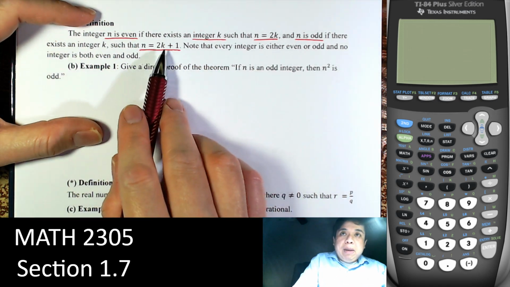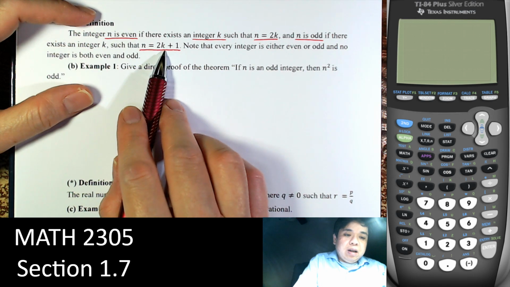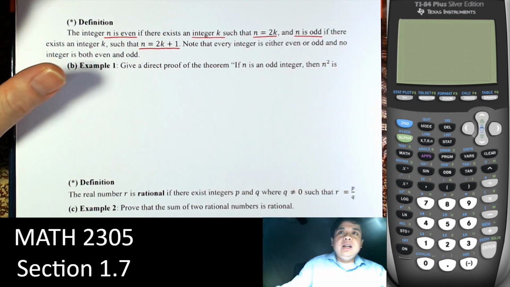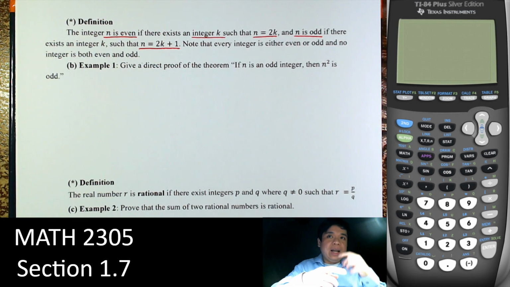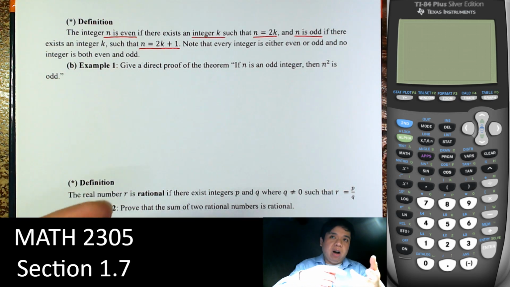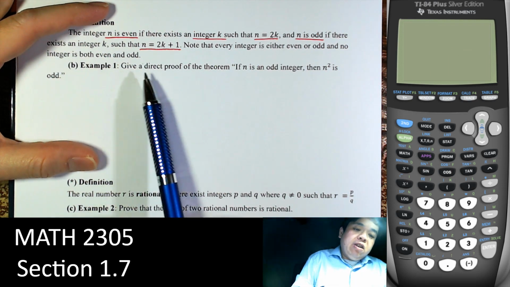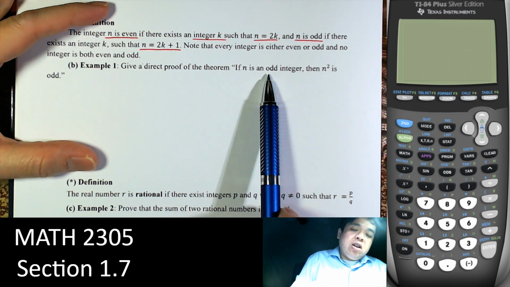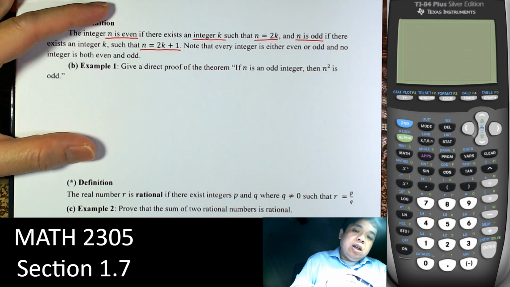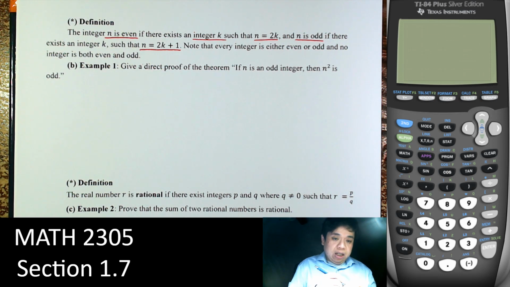The plus 1 here makes it odd. The 2k is even, plus 1 is odd. Of course, if you have an odd number plus 1 that's even, then plus 1 you have an odd, just alternating like that. Now the proof here, give a direct proof: if n is an odd integer, then n squared is odd.